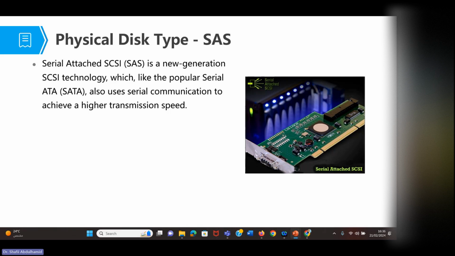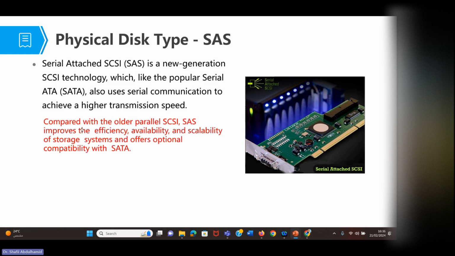This is actually a new generation type of technology, and it's very popular, as popular as the SATA also. The advantage, as compared to the old parallel SCSI, is that this particular SAS improves the efficiency, availability, and scalability of storage systems, and it offers optional compatibility with SATA.